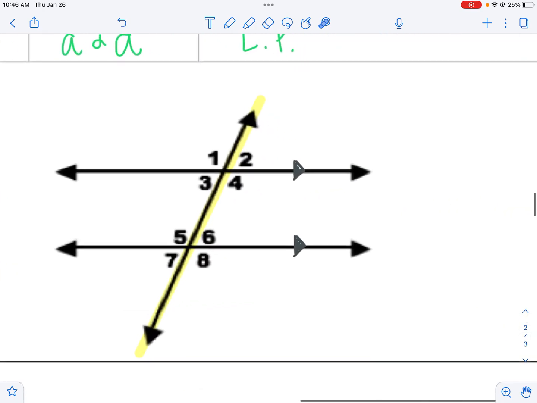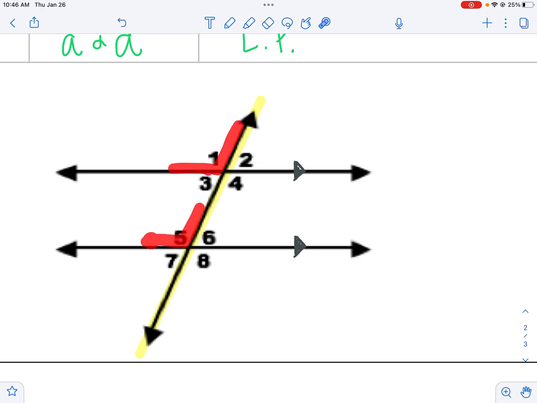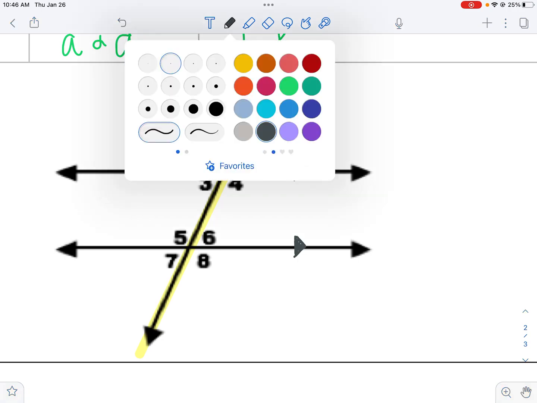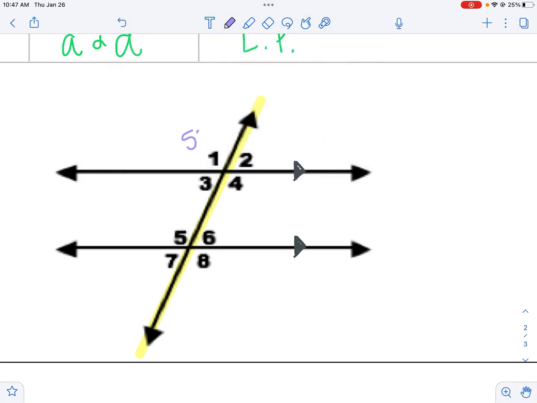But over here, if my lines are parallel, notice that's obtuse and that's also obtuse, and that's because now they're connected. If I told you now that angle 1 is 50, well then angle 5 would also be 50 because corresponding angles are congruent if your lines are parallel.